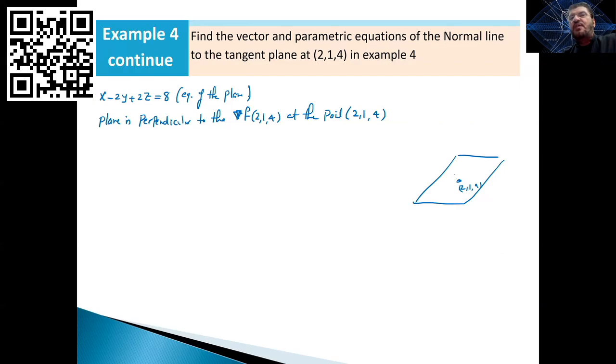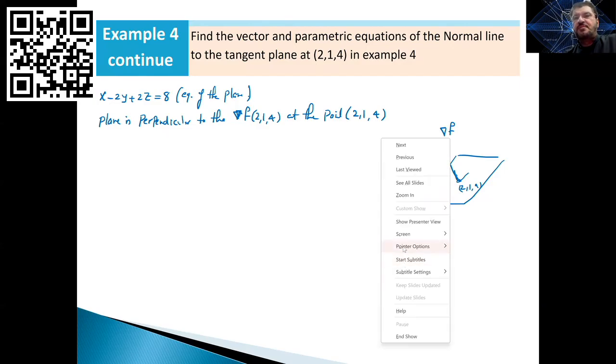And at this point, what do we have, guys? We have the gradient of f. We know that the gradient of f is perpendicular to that plane, isn't it? So how can I find the vector equation of that normal line? So here there is a line. I'm going to change the color here.